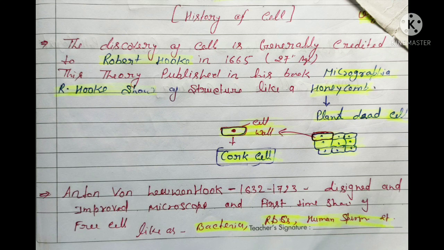The next scientist was Antony van Leeuwenhoek, 1632 to 1723. He designed and improved the microscope and for the first time showed free cells like bacteria, red blood cells, and human sperm.